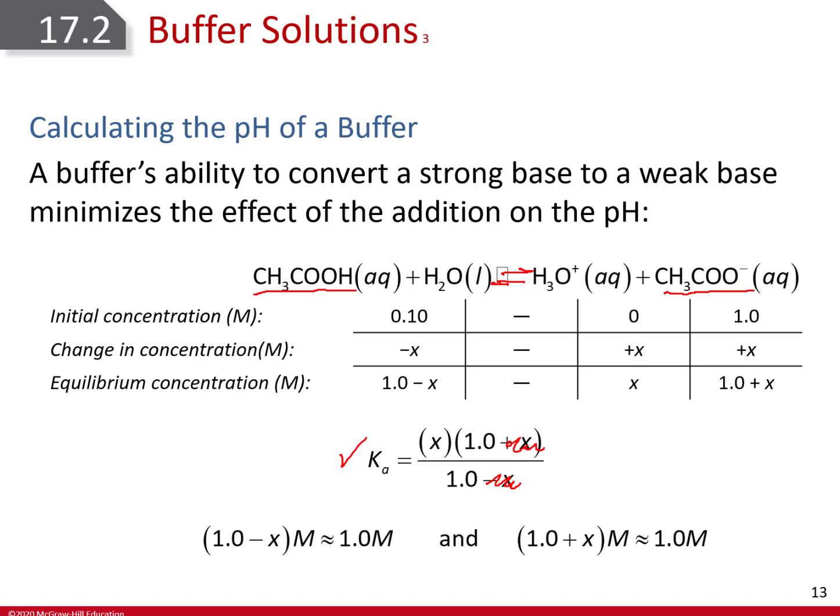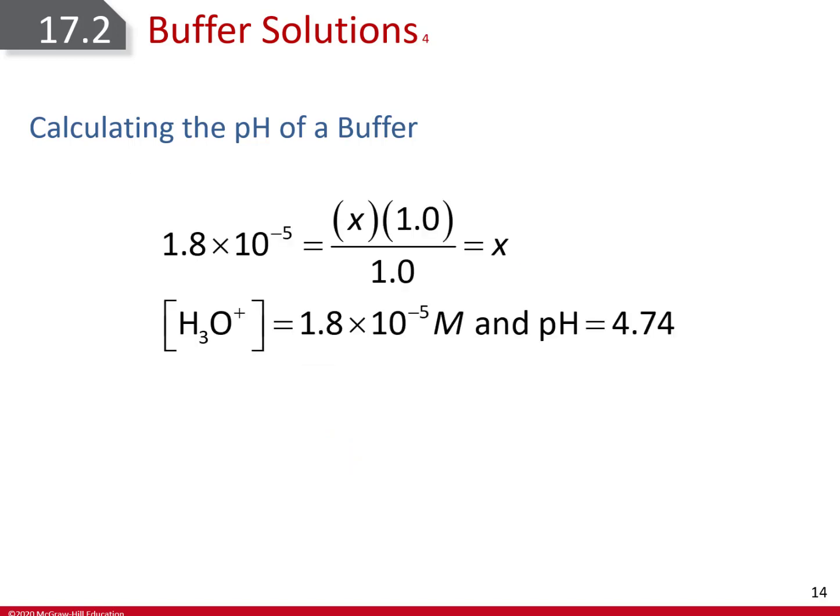And so x is going to equal, we've done this one so much, Ka for this is 1.8 times 10 to the negative fifth. So we can solve for x, and x is equal to 1.8 times 10 to the negative fifth. We take the negative log of that, and we can get the pH. So the pH is 4.74.